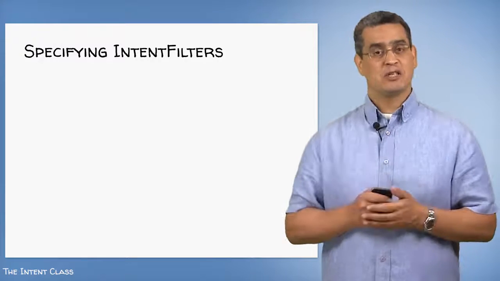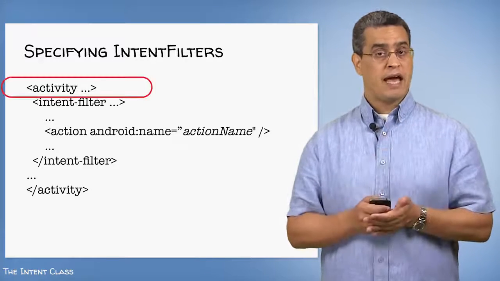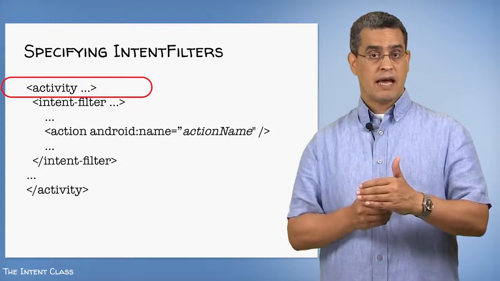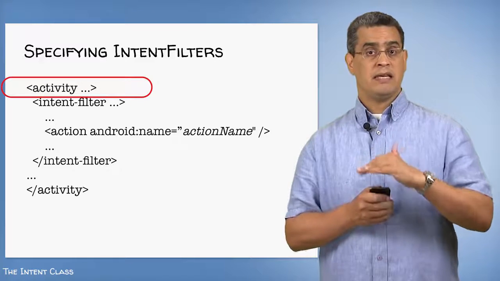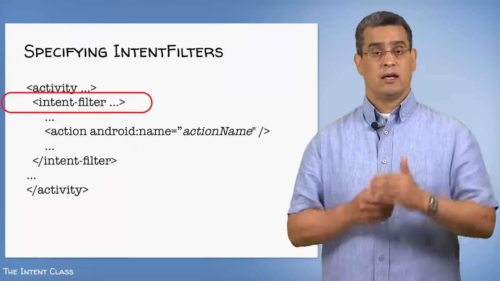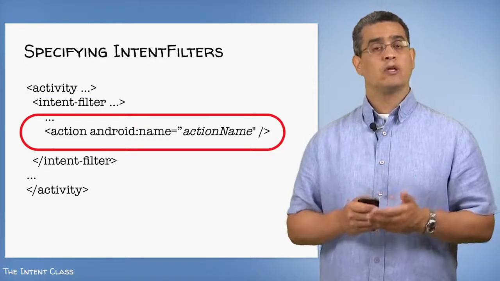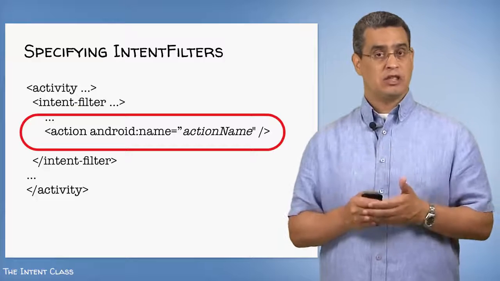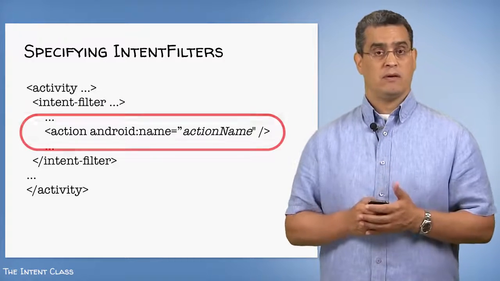So here's an XML snippet showing an activity tag, and this activity tag includes within it an intent filter tag. That intent filter tag includes within it an action corresponding to the intent action that it can support.